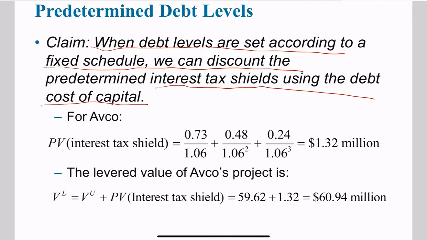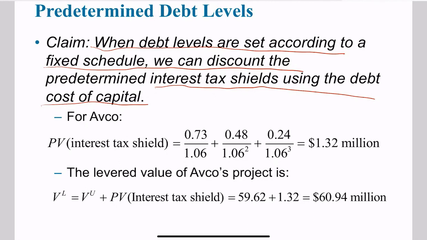Because as I emphasized before, these debt levels are predetermined. There are no uncertainties. So the only risk is the risk of the debt itself. That's why you should discount these interest tax shields using the firm's debt cost of capital.